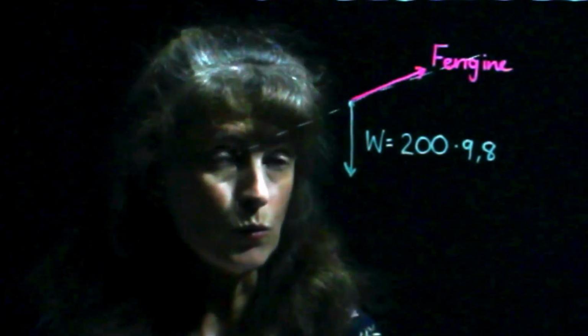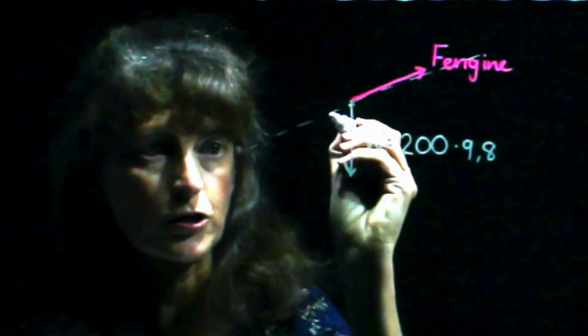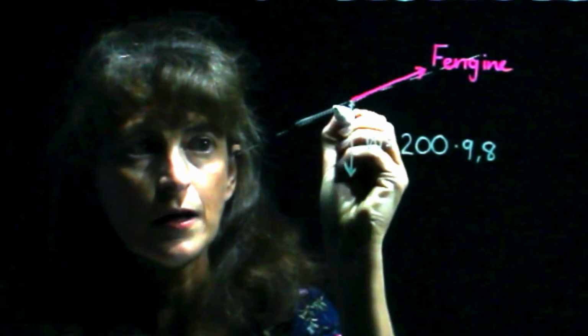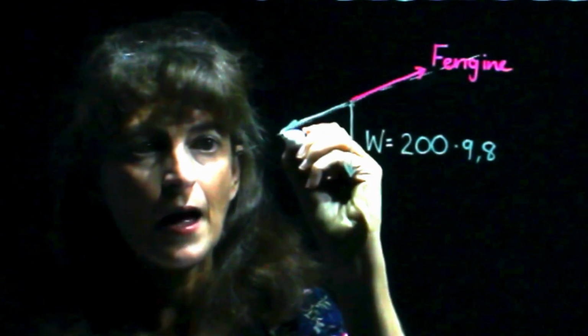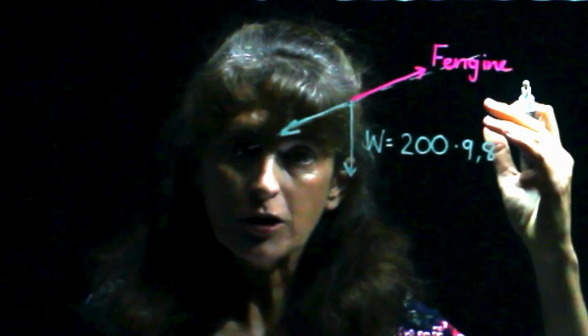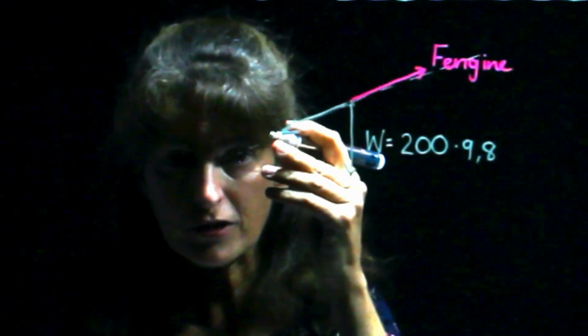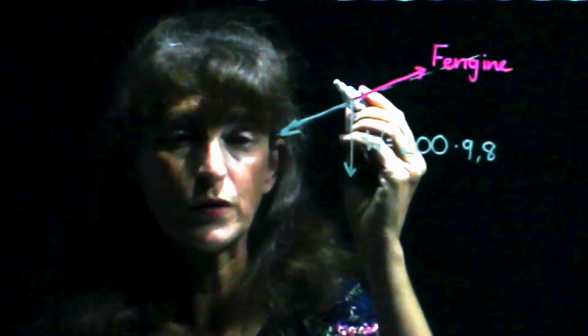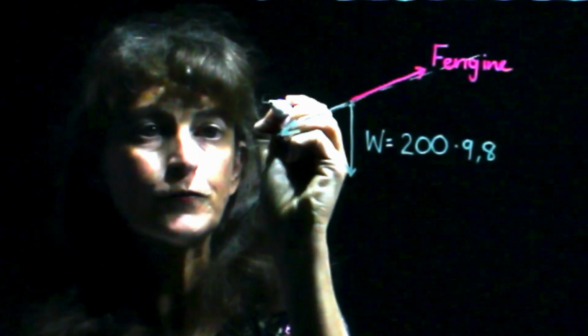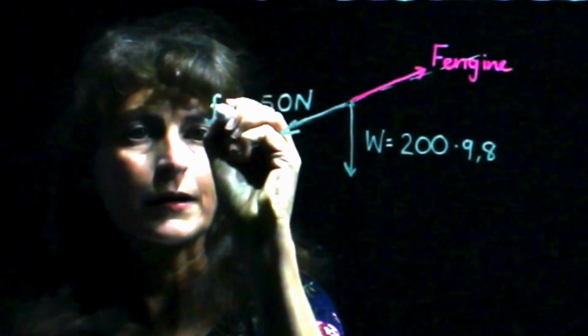Then we're told that we have a constant force of friction. It must be kinetic friction because this thing is moving. Now we know that the object is moving up the slope, and kinetic friction always acts in the opposite direction to motion. So kinetic friction is acting down the slope, and we're told its magnitude, 50 newtons.